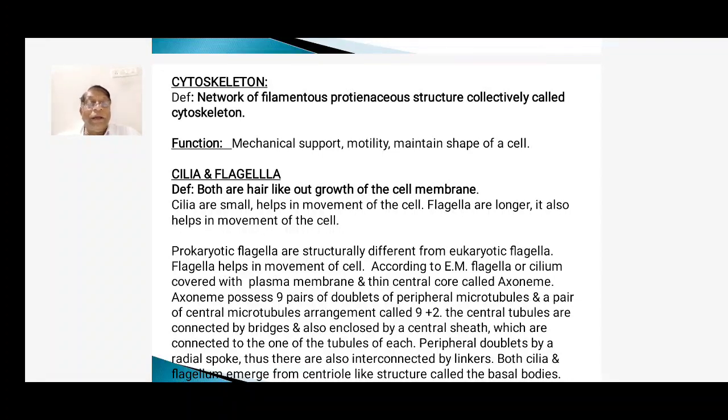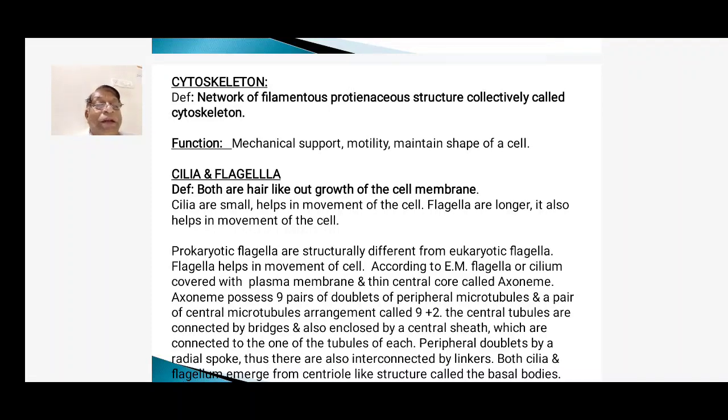See the diagram. So peripheral means marginal. How many? 9 pairs are there. Pairs of doublet microtubules. At the center, we come across only a pair. Only one pair is there at the center. Central microtubules.